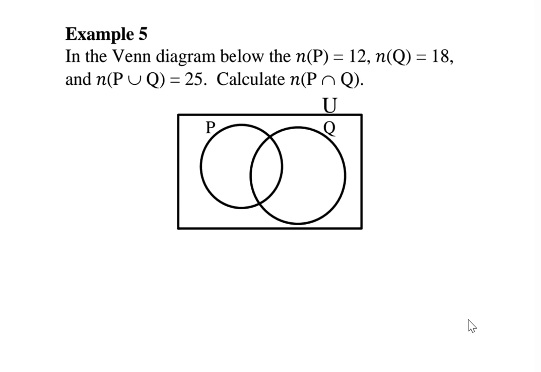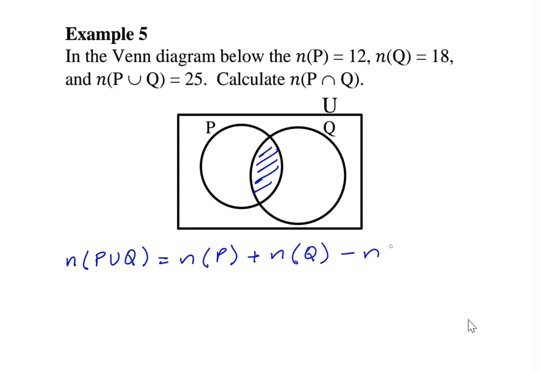We're asked to calculate the number of elements in P intersect Q. That would be the number of elements in here. So using the formula, the number of elements in P union Q would be equal to the number of elements in P plus the number of elements in Q minus the number of elements in P intersect Q.